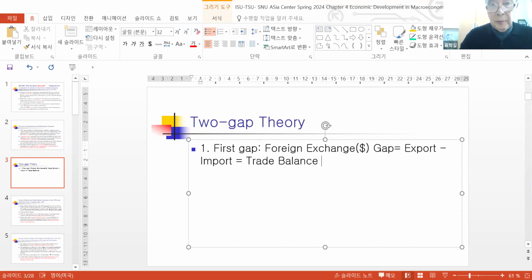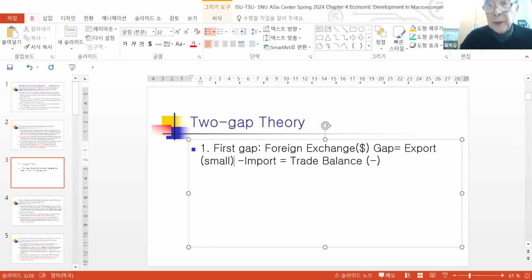This can always be negative in many developing countries. Why? They do not have enough export. Export is always small.